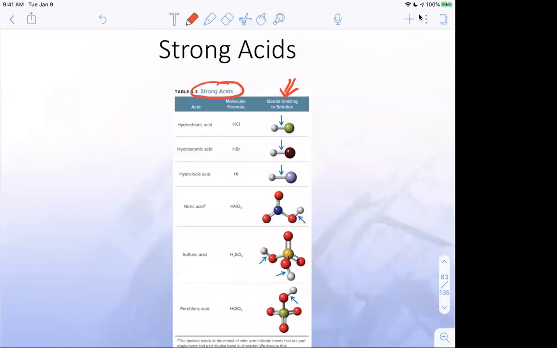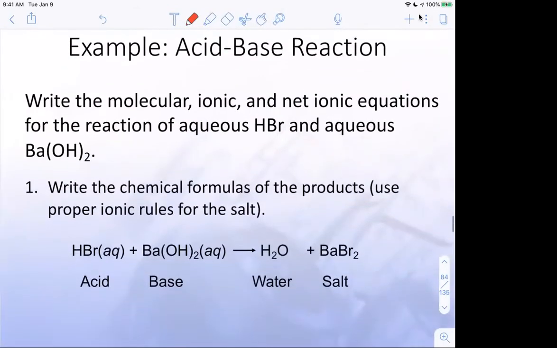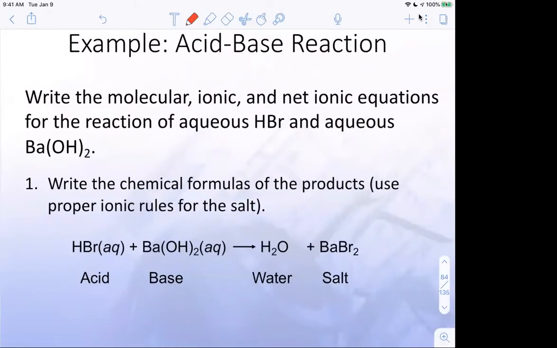If I'm not on this list and I'm an acid, I'm a weak acid. So let's look at these neutralization reactions. Let's say I wanted to write the molecular, the complete ionic, and the net ionic equations for the reaction of aqueous HBr, which is a strong acid, and aqueous Ba(OH)2, which is a strong base.